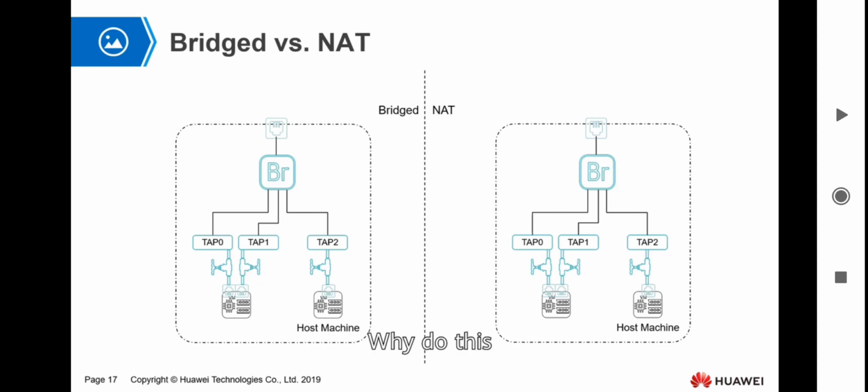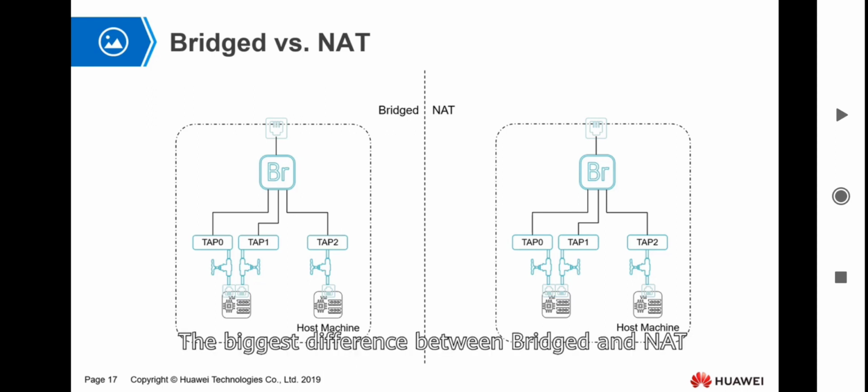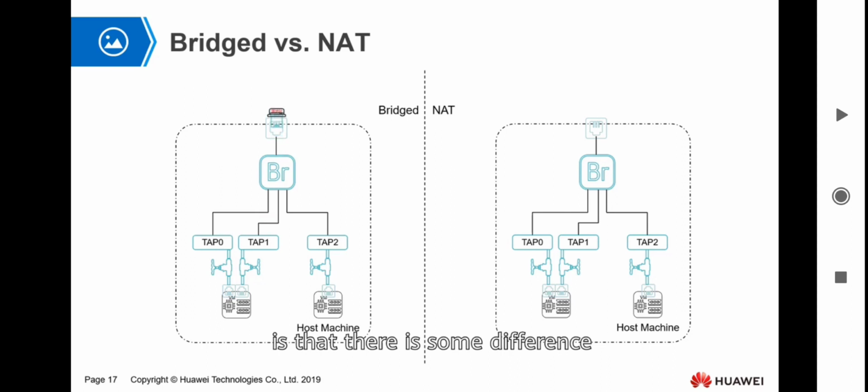Why do this? Because this makes sure that if one person gets this message, he will know the source of the message. The biggest difference between bridge and NAT is in the source address.